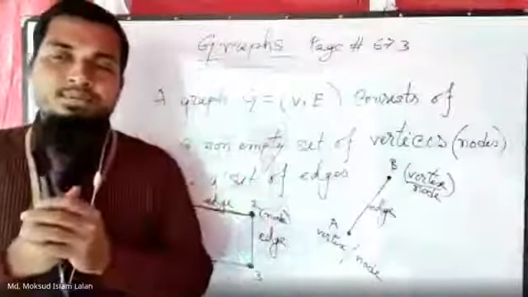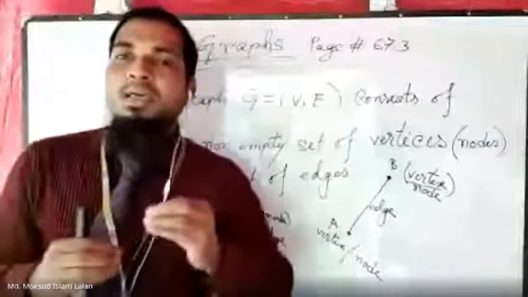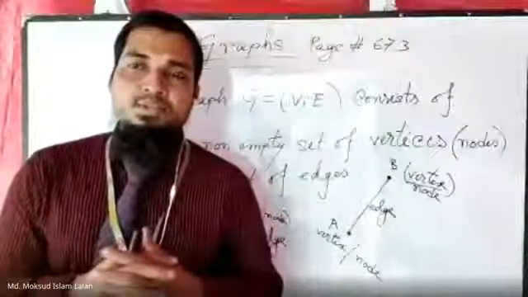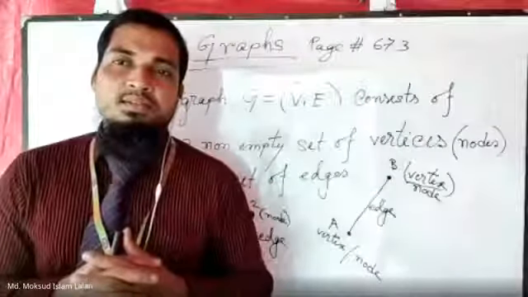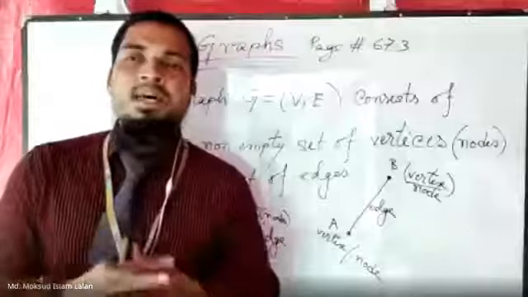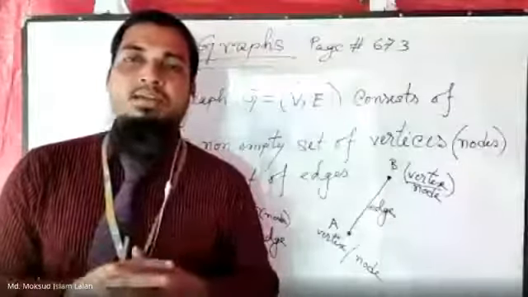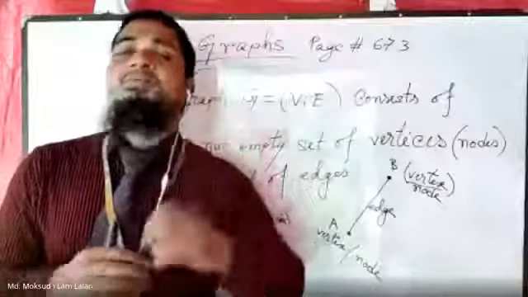In a curve, if it is not possible to say how many vertices are present, if the vertex number is not definite, not finite, you can say that graph is called an infinite graph.